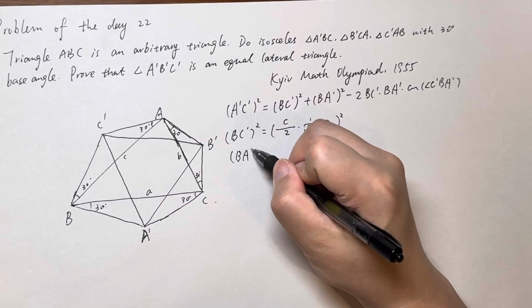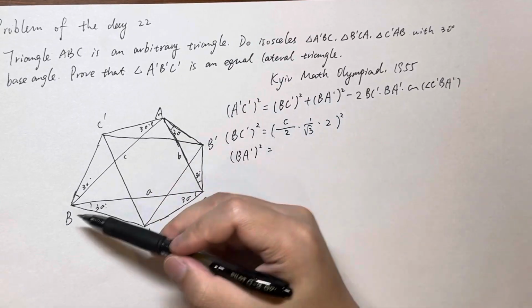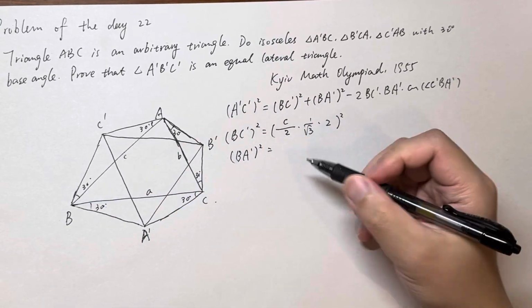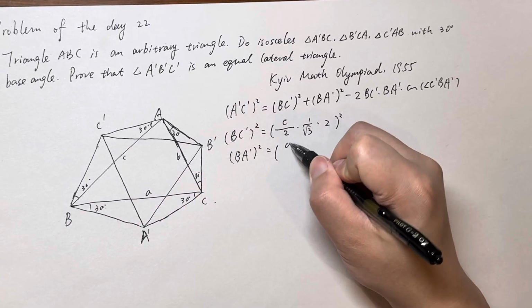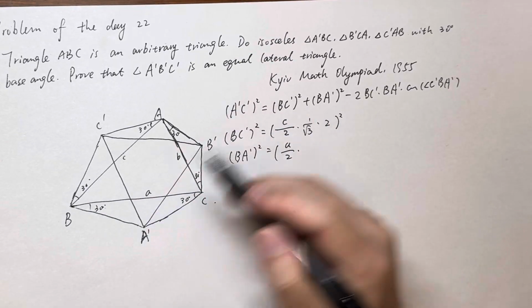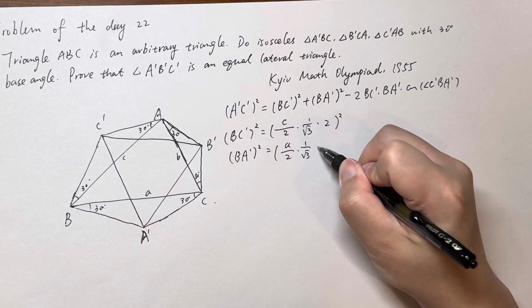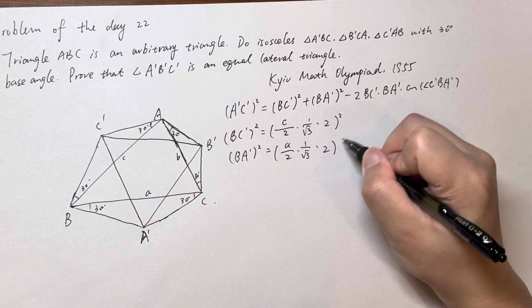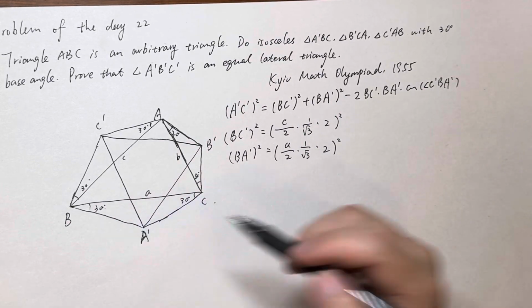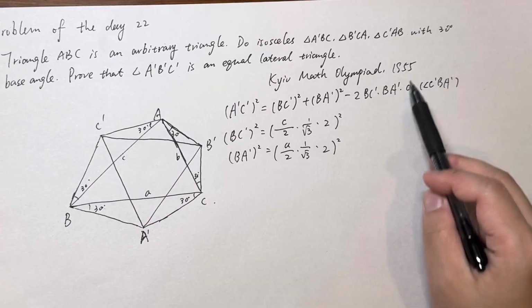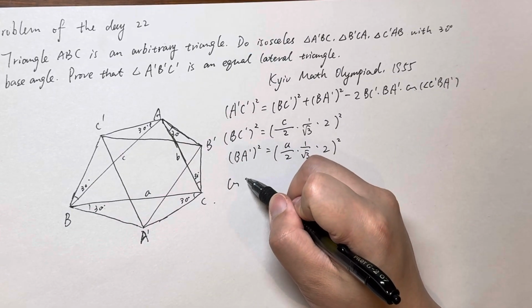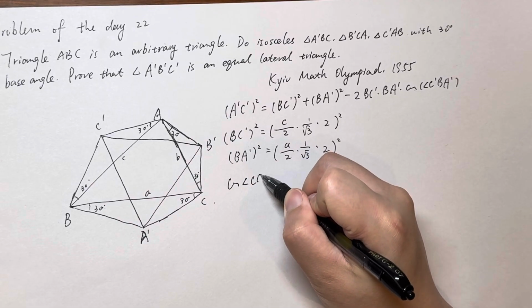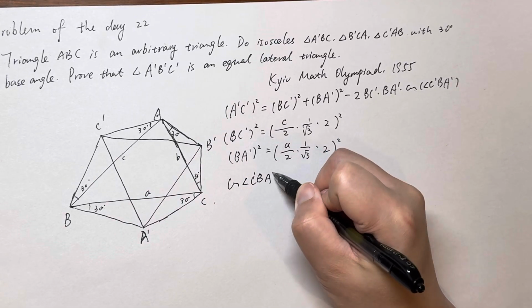For BA prime squared, which is a divided by 2 divided by square root 3 and times 2, right? That's BA prime squared. And we have one term left, that's cosine of angle C prime BA prime, right?